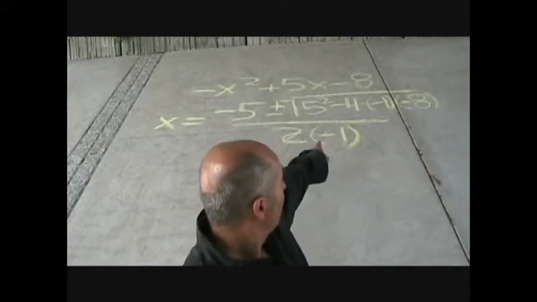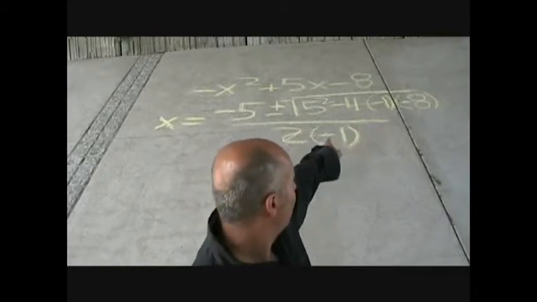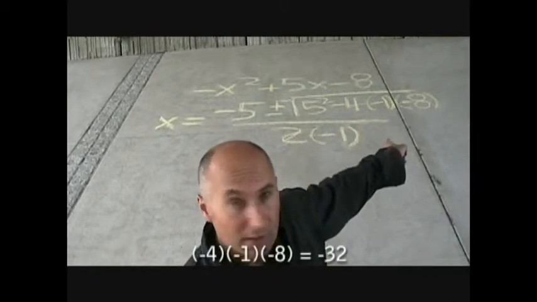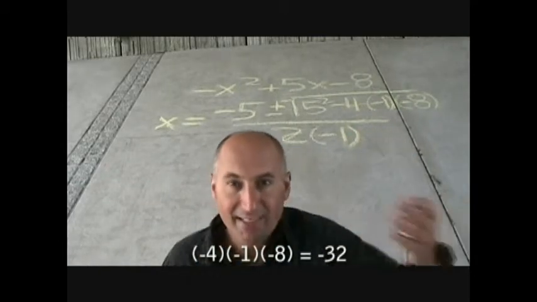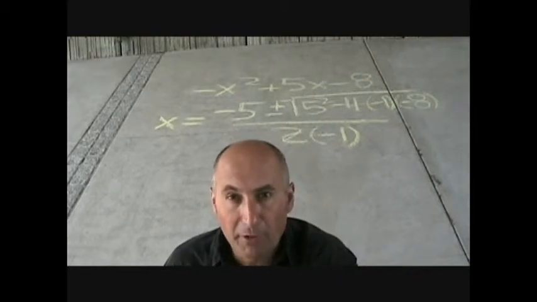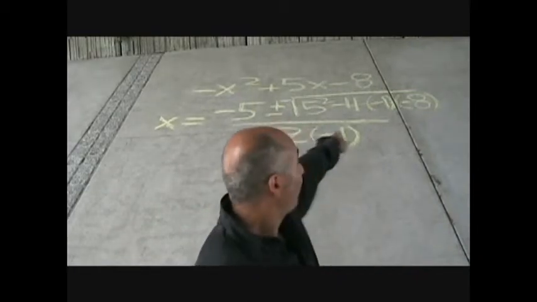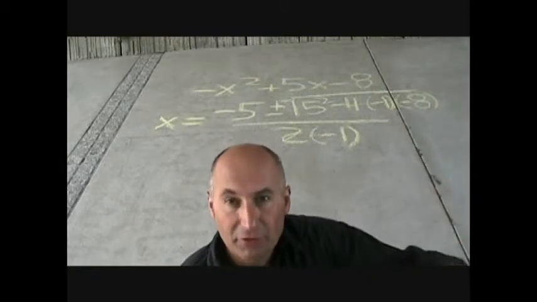Now, what we have inside there in the discriminant is negative 4 times negative 1 times negative 8. That's 3 negatives multiplied together, right? So that's going to be a negative number. And 4 times 1 is just going to be 4. 4 times 8 is going to be negative 32, right?